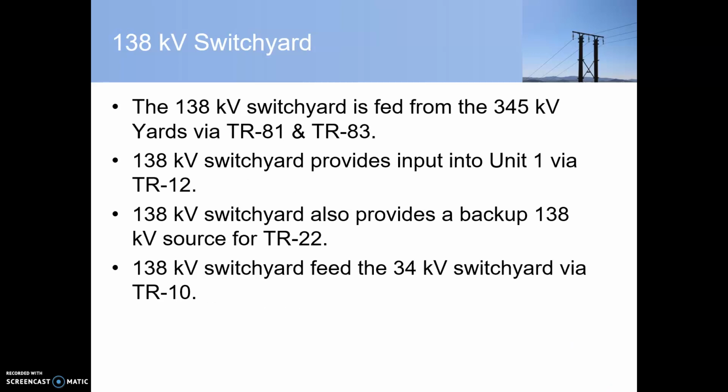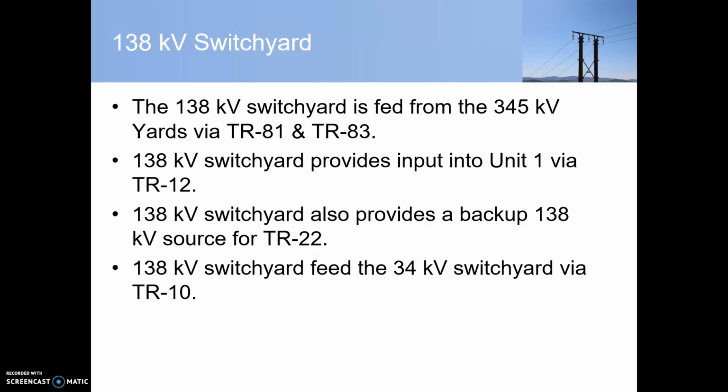The 138 kV switchyard is fed directly from the 345 kV yards via transformer 81 and transformer 83. There's a really good thumb rule that you can use to determine which transformer feeds which bus. It's the thumb rule of 5. If you take the last number of the transformer and add it to the bus number that the transformer is connected to, you'll get the answer of 5.